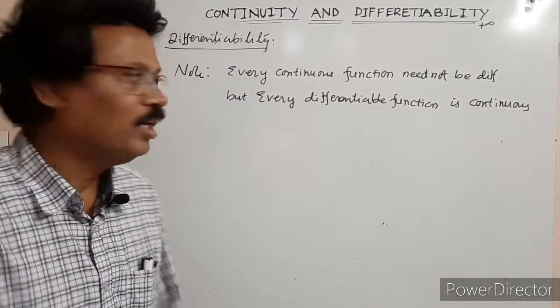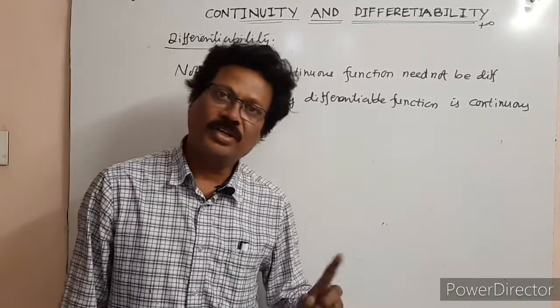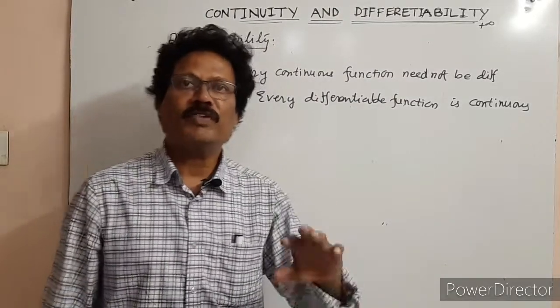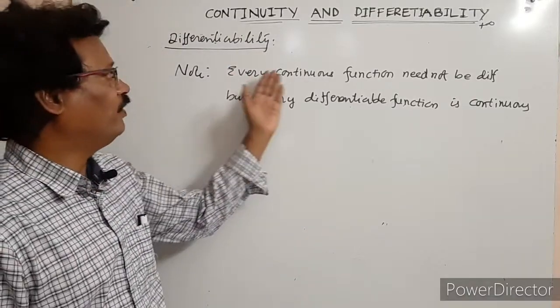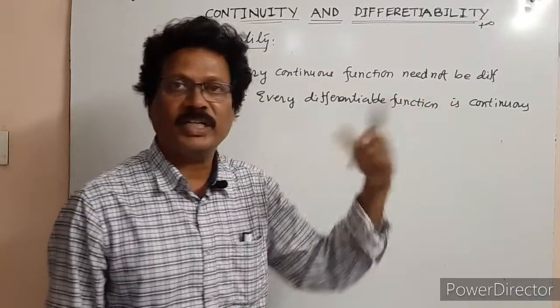Now let us see by example. Already we got f(x) is equal to mod x, continuous at 0 but not differentiable at 0. That is why every continuous function need not be differentiable. We got the statement by that example.